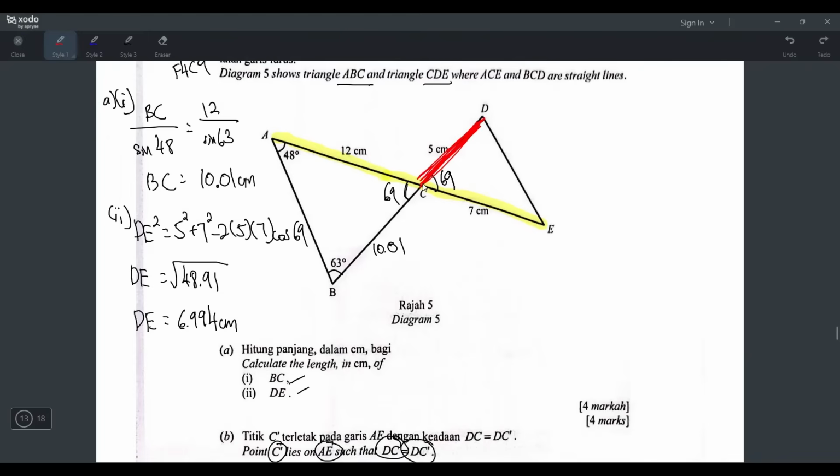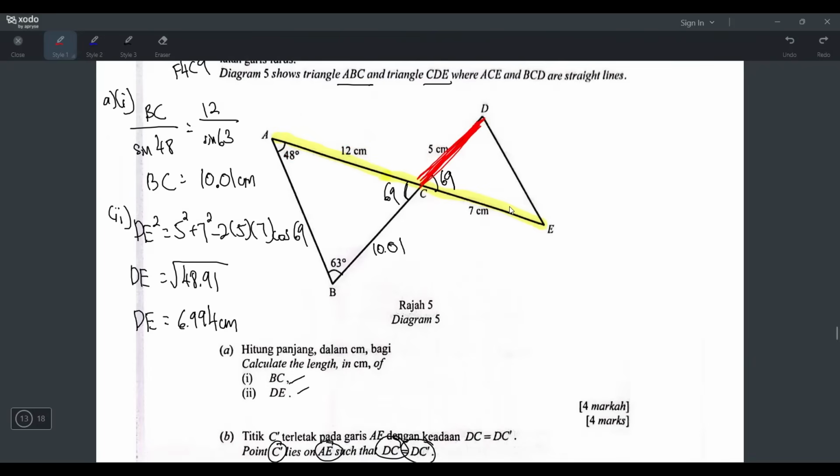The moment I move here, you can see my DC line is not the same already. The 5 cm is not 5 cm, and the more you move, the longer it gets. So definitely your C prime will not be somewhere here. It should be somewhere here.